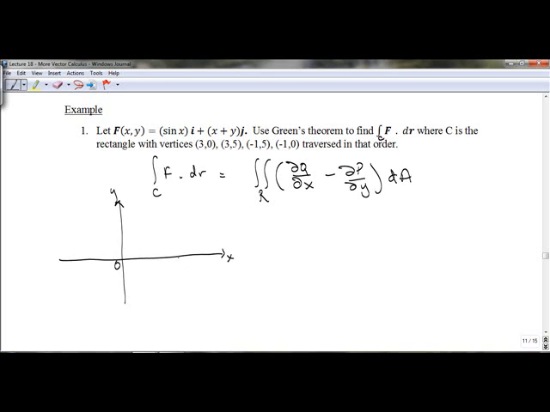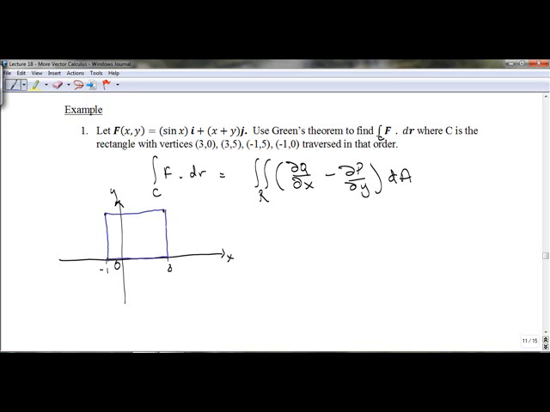So we want (3, 0). We want (3, 5). We want (-1, 5). And we want (-1, 0). And put the arrows that you need to put, so it's traversed in that order.